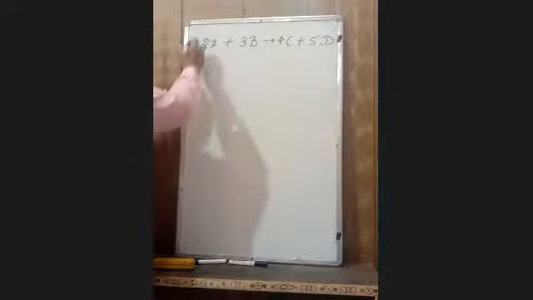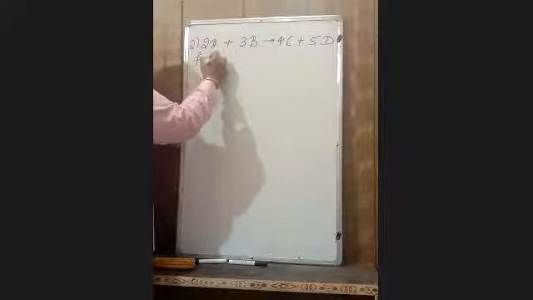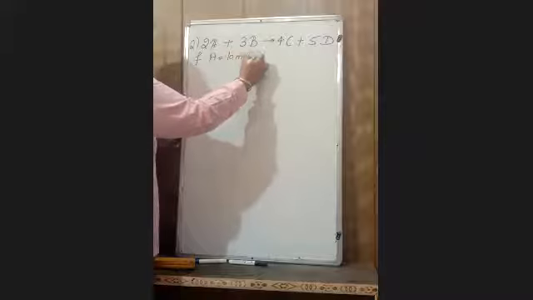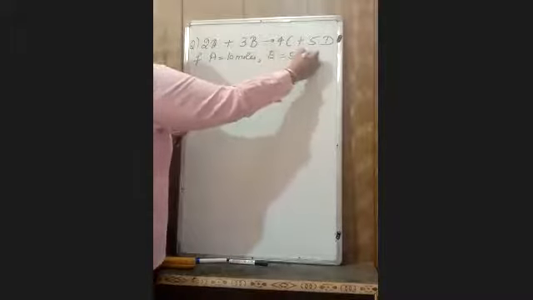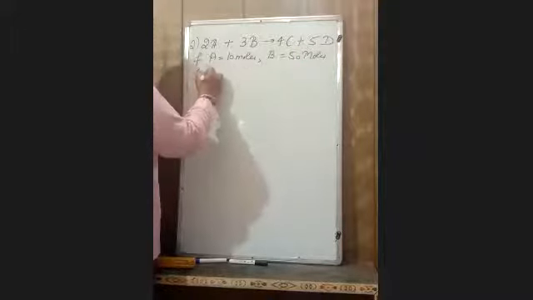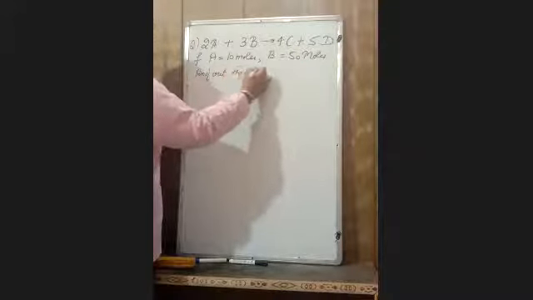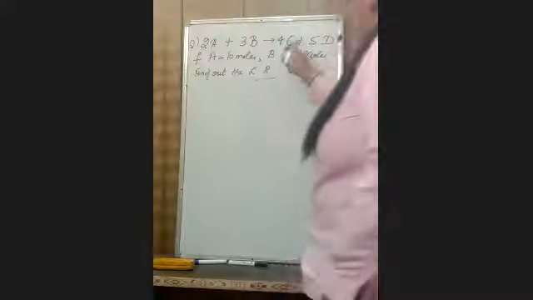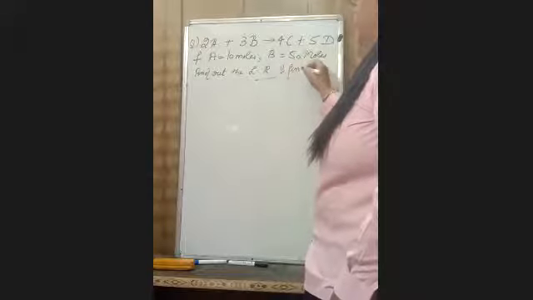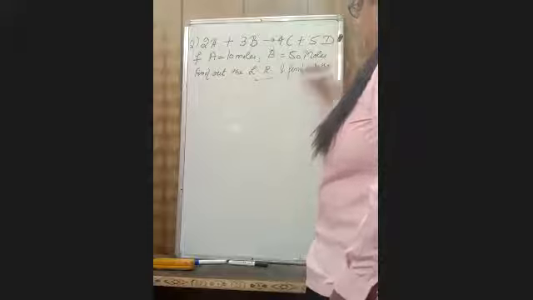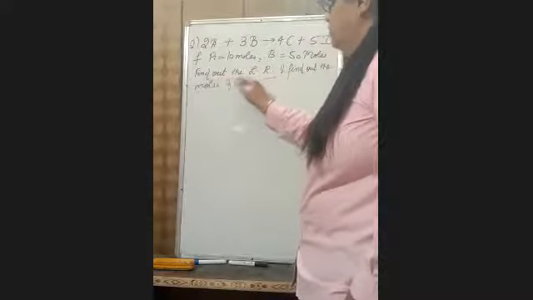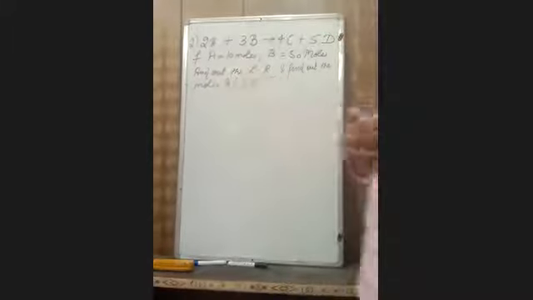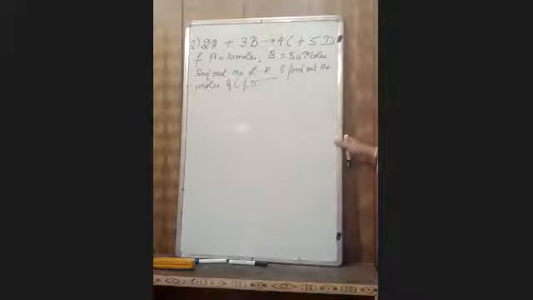If the amount of A is 10 moles and B is 50 moles, then find out the limiting reagent, I'm writing as LR, and find out the moles of C and D. First read this question. 2A reacts with 3B to form 4C plus 5D.